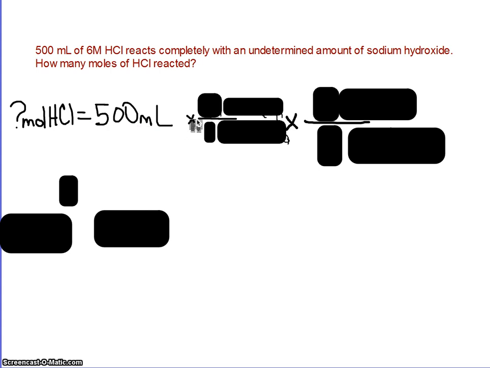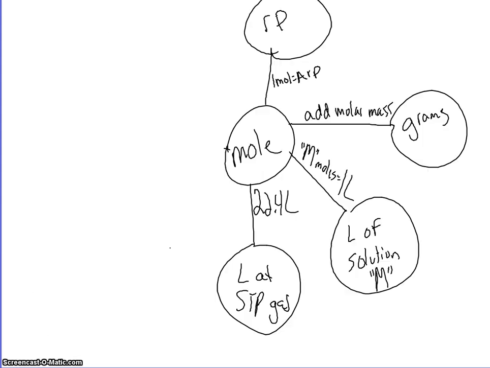Now I know I'm going to have to multiply by a conversion factor. However, I don't know what conversion factor to use right away, so I have to look at my map. Remember, we're starting with milliliters, and we need to get to moles. So I'm going to go back to my map. Starting with milliliters.